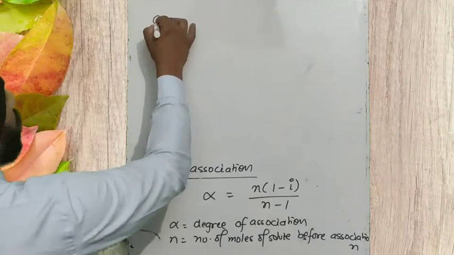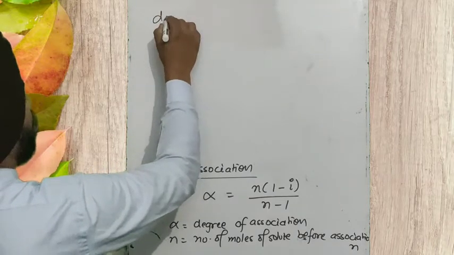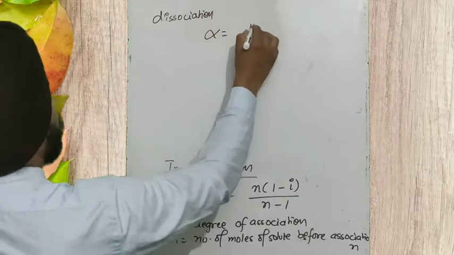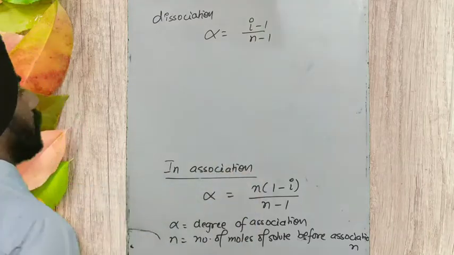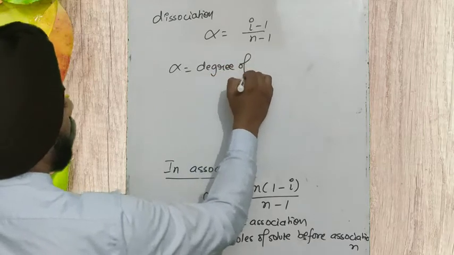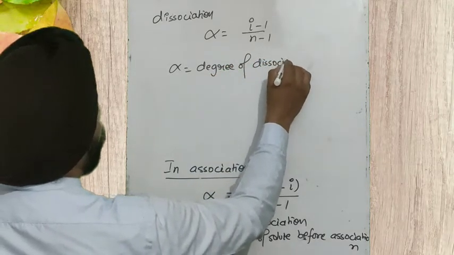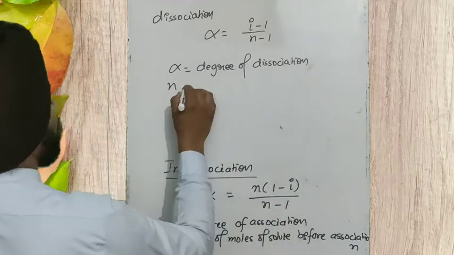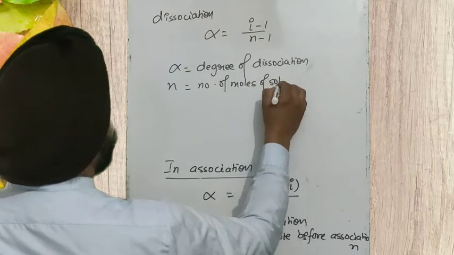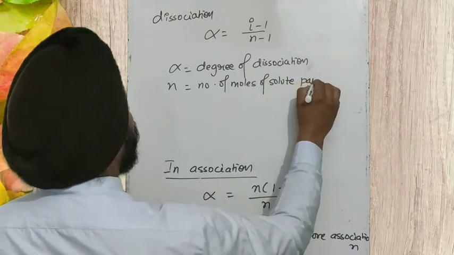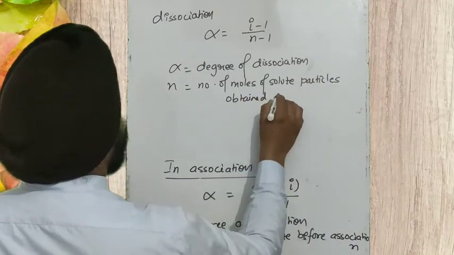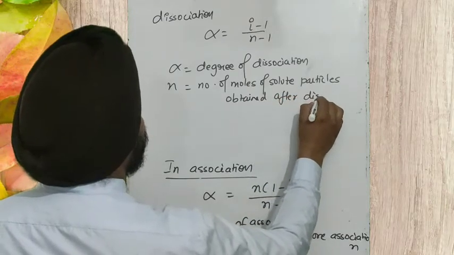And the same as dissociation, if we are going to talk about dissociation, alpha is equal to (i minus 1) upon (n minus 1), where alpha is the degree of dissociation and n is the number of moles of solute particles obtained after dissociation.